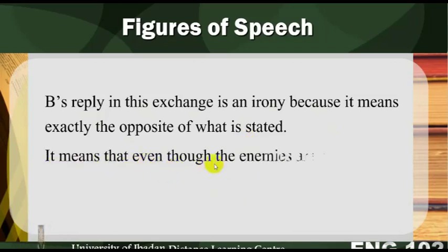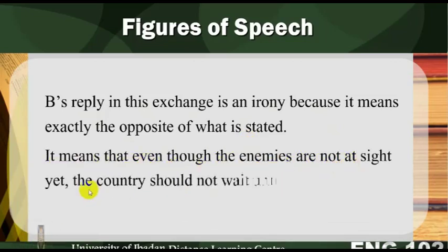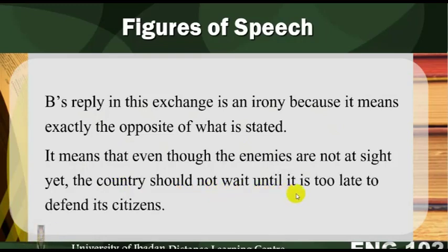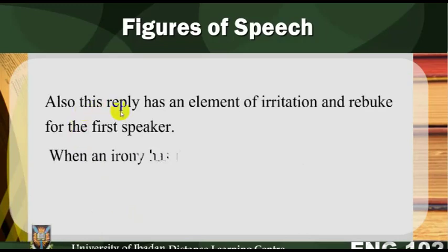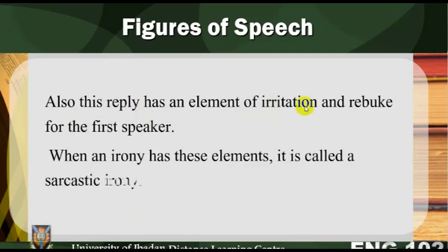It means that even though the enemies are not at sight yet, the country should not wait until it is too late to defend its citizens. Also, this reply has an element of irritation and rebuke for the first speaker. When an irony has these elements, it is called a sarcastic irony.